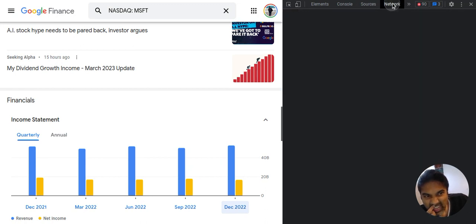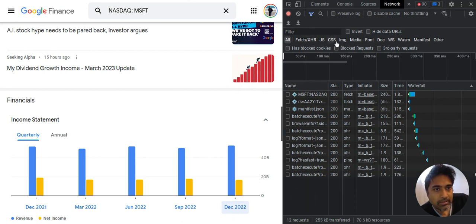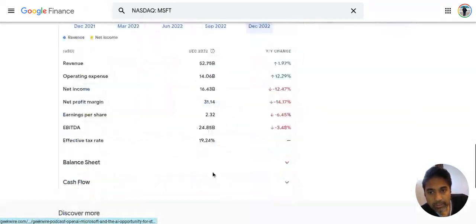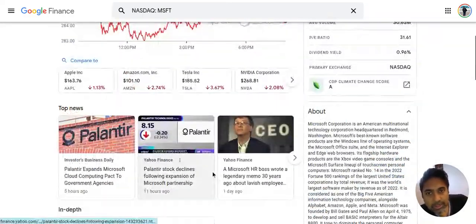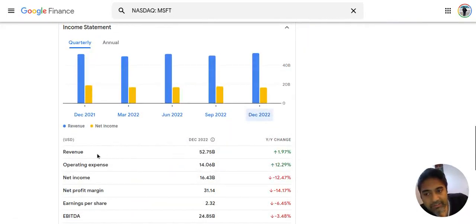So I can go for sources. And let me open the inspect option here. I want to find out two areas, which are revenue and operating expenses.